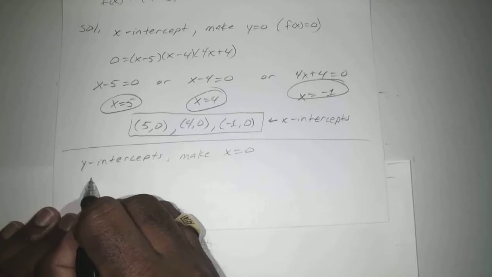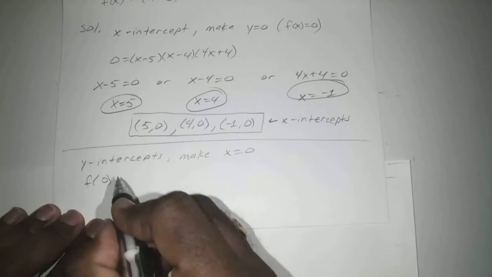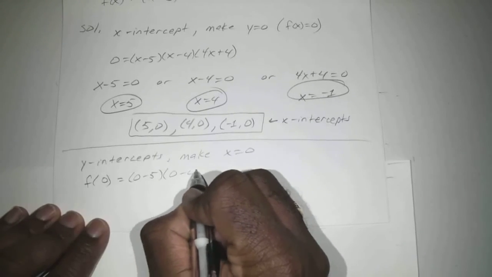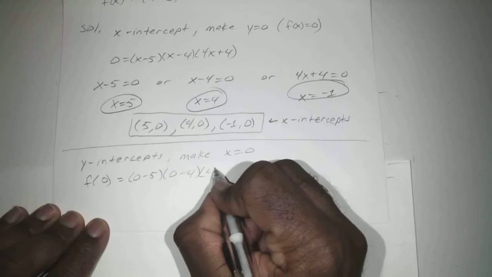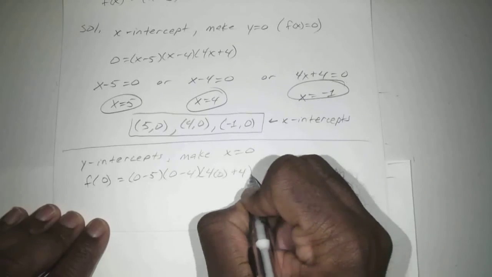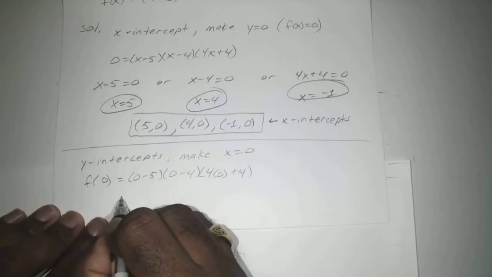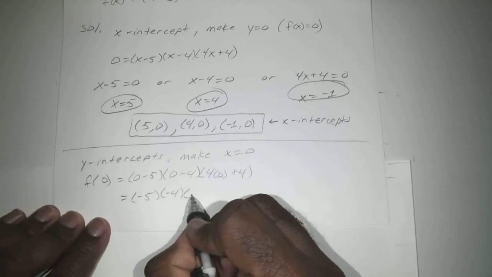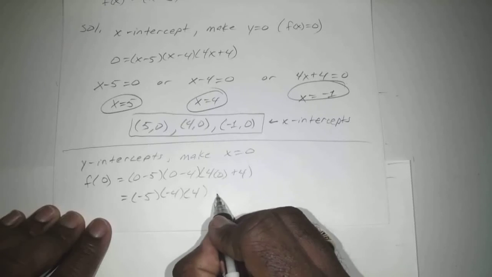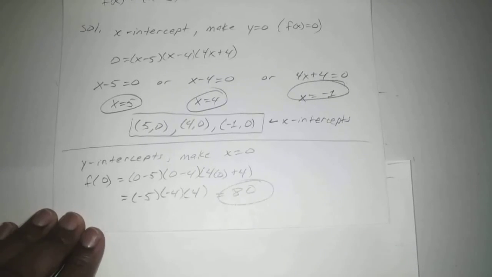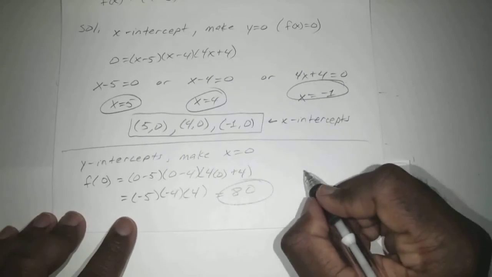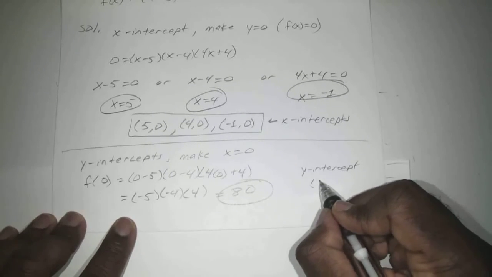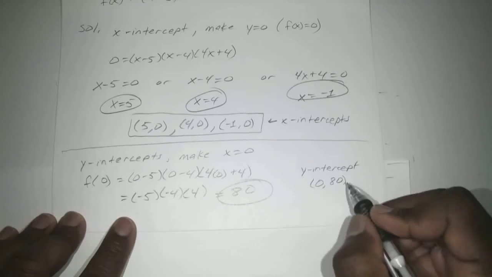So that means if you have f of 0, that's going to equal 0 minus 5 times 0 minus 4 times 4 times 0 plus 4, which is just negative 5 times negative 4 times 4, which is 80. So your y-intercept is the point when x is 0, y is 80.